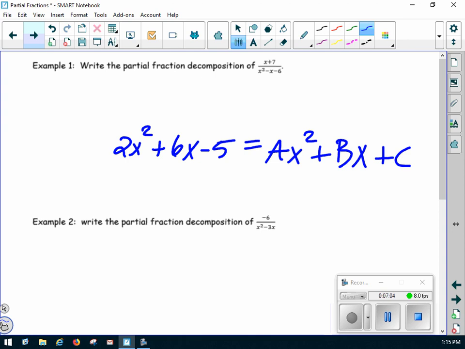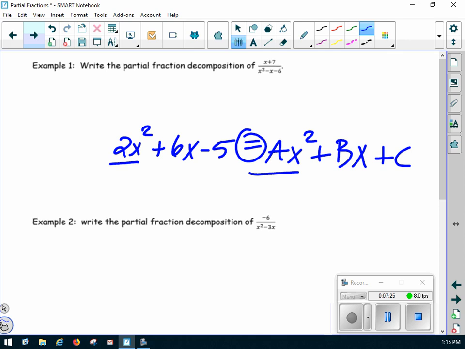What's A? A is 2. Why does A have to equal 2? That's right, because if these are equal, then the x squared stuff over here has to equal the x squared stuff over here. So A has to equal 2. What's B? 6. What's C?